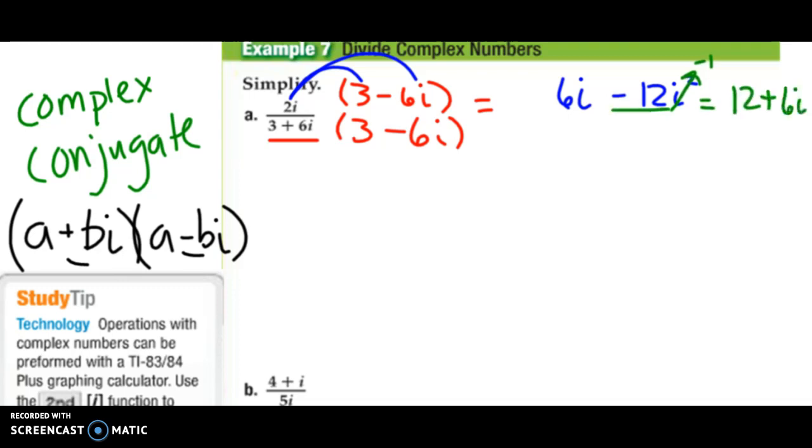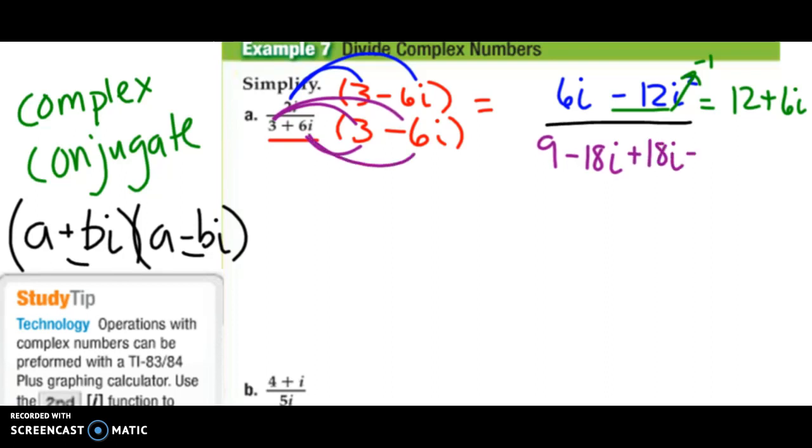I hope you don't mind that I switch the i's and the numbers around, but I like to write it so that it's the real number a and then the imaginary number b. Now on the bottom, I'm going to do the FOIL method. 3 times 3 is 9, minus 18i. Then I have plus 18i. And then I have a negative 36i squared.